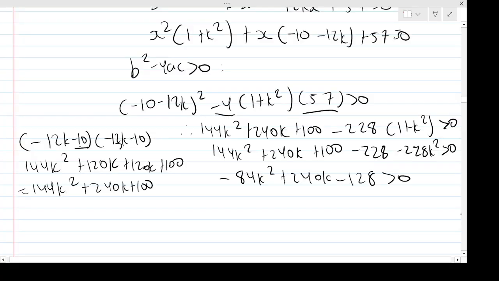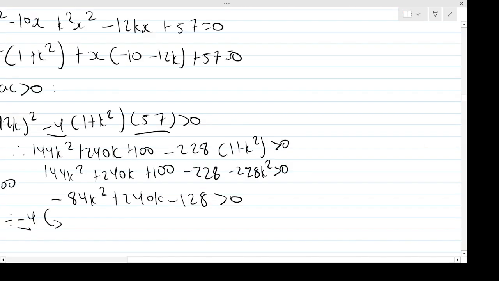So what do I need to divide both sides of the inequality by to get to positive 21? That's when I do minus 84 divided by 21. So that's minus 4. That tells me I need to divide everything by minus 4.